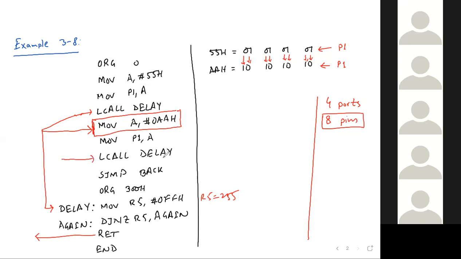So the second time when you are calling the delay, your MCU will store the address of this instruction, and it will come over here. So you will execute this delay portion. Then when you encounter return, your MCU will automatically return to this particular instruction. You will understand more about return, how this address is stored and all these things, in just the next example.